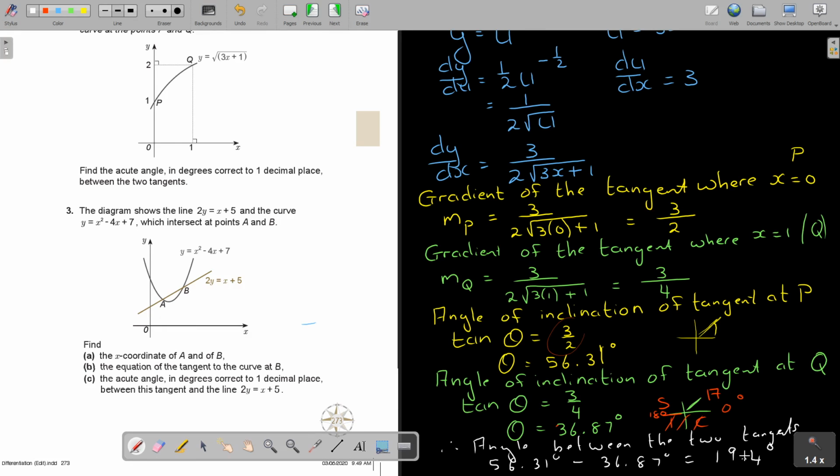That will be the angle. Try number 3. It's a very good example to practice, and you can look in the teacher's guide. You will find the worked solution, and at the back of the textbook you will just find the answer.